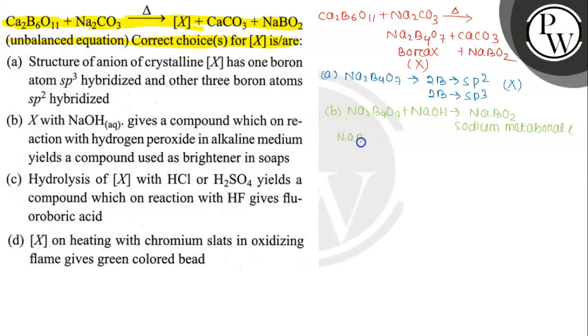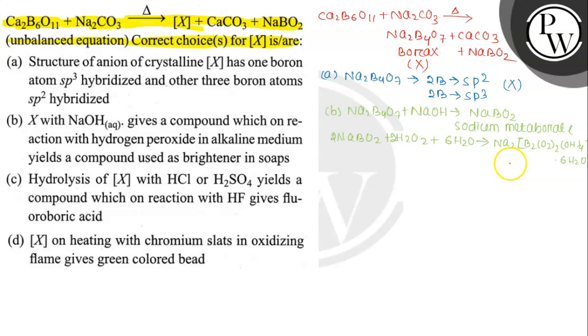This sodium metaborate reacts with hydrogen peroxide, H2O2, in alkaline medium. The product formed is Na2[B2(O2)2(OH)4]·6H2O.